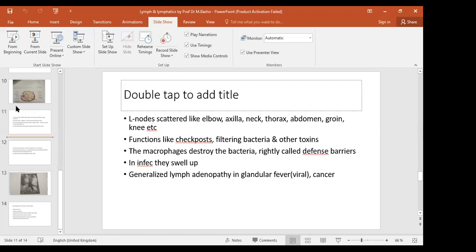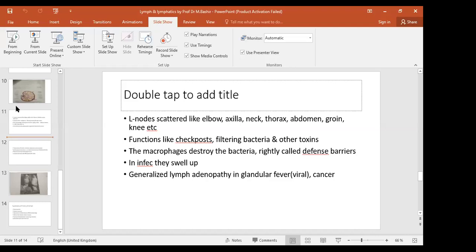जिस तरह मैंने आपको मिसाल दी कि if you are traveling on a highway and you are checked at different points and if found fit for the journey ahead, you are allowed to go. Similarly, the lymph which comes, the nodes trap the noxious material over there, and the rest of the lymph is allowed to go ahead.